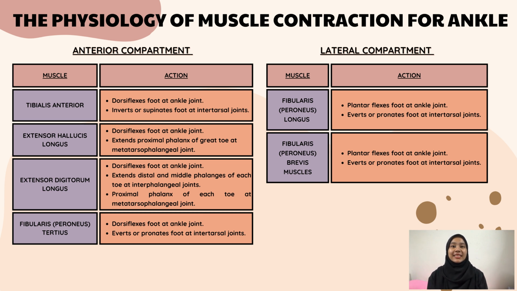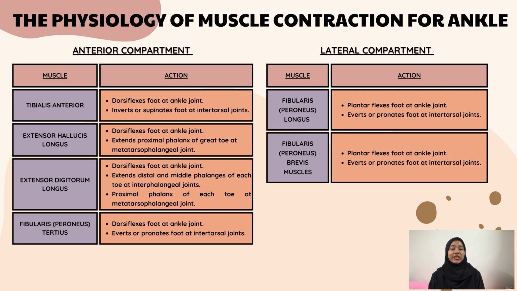Next, extensor digitorum longus will dorsiflex the foot at the ankle joint and extend the distal and middle phalanges of toes two to five at the interphalangeal joints and the proximal phalanges at the metatarsophalangeal joints. Lastly, fibularis tertius will dorsiflex the foot at the ankle joint and evert or pronate the foot at the intertarsal joints.